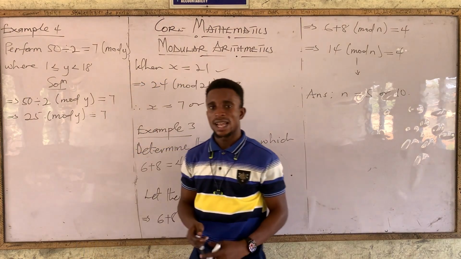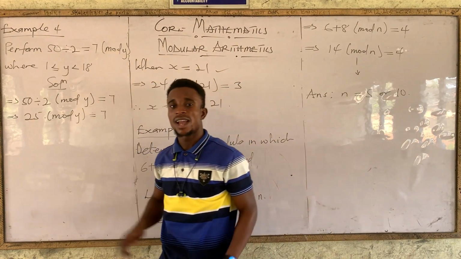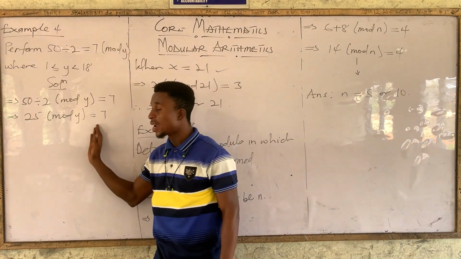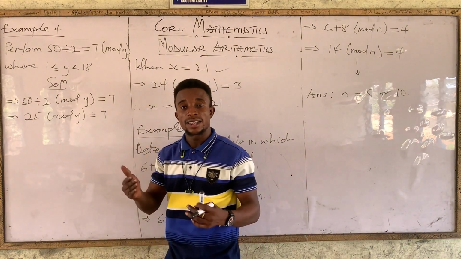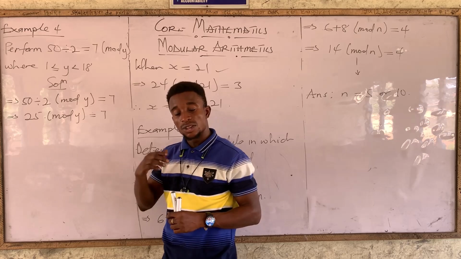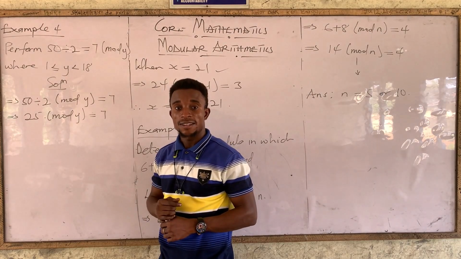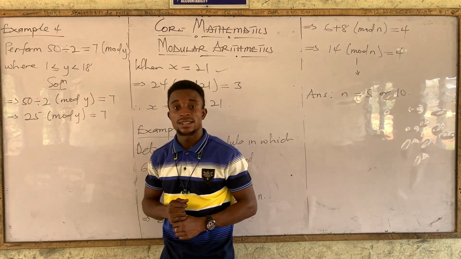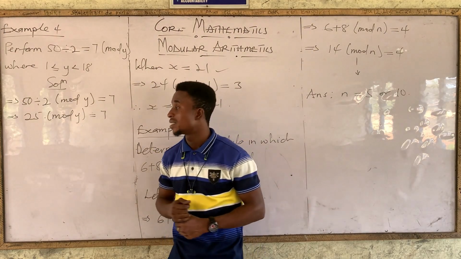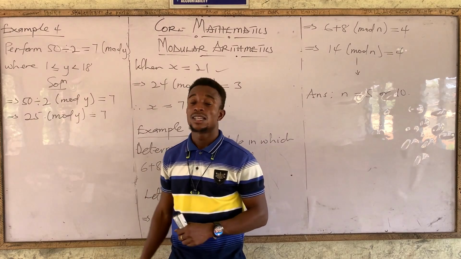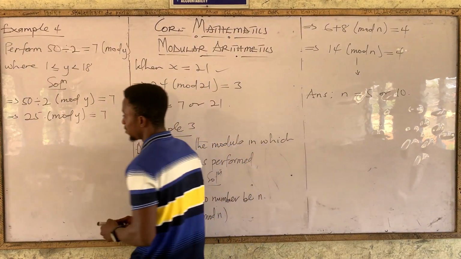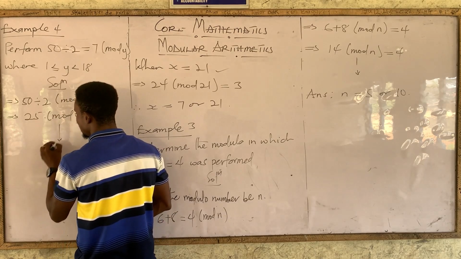So getting to this side, now you find the difference. Then you find the factors of the difference. Then use each factor to verify, by putting them into the statement, and you see the one that will make the statement true. So after solving, you'll be getting an answer.